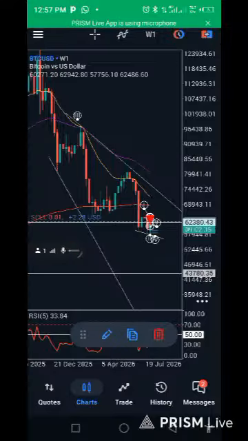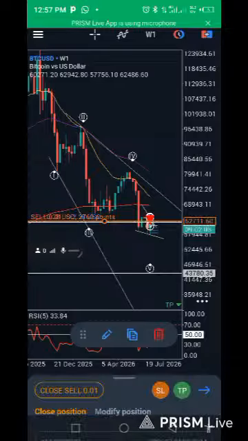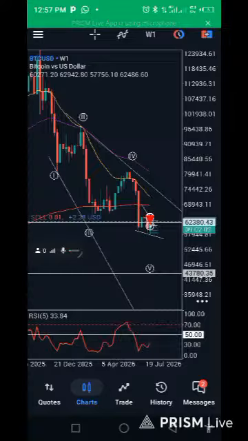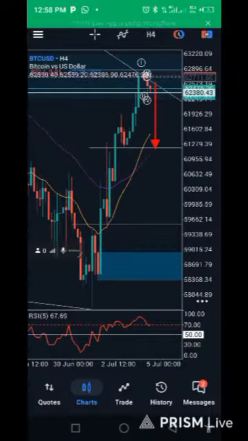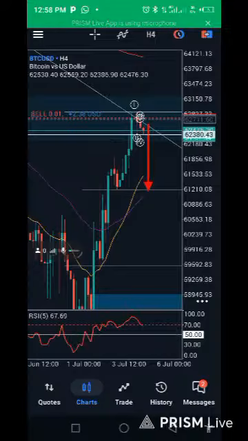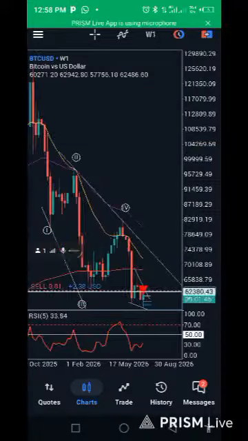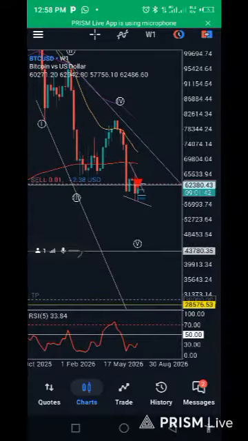This is 1, this is 2, this is 3, this is 2, 3, 4 upwards, then 5. This is a weekly time frame.